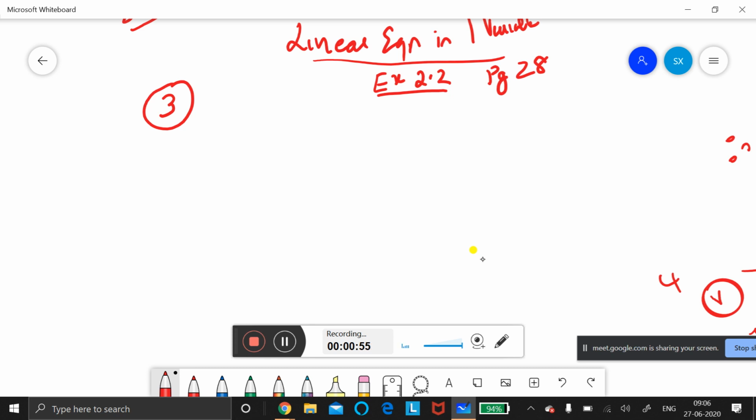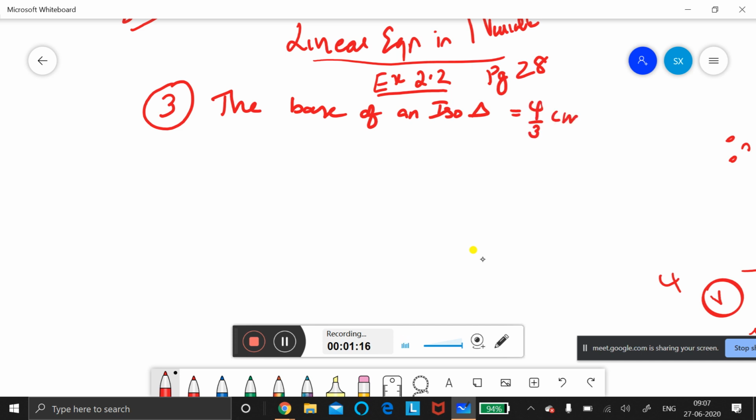The base of an isosceles triangle is 4 by 3 centimeter.